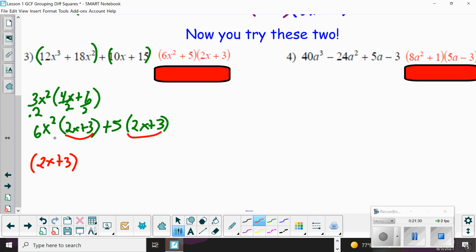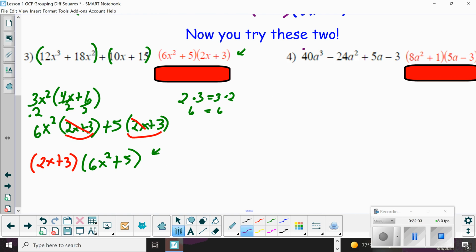So that's going to leave me, okay, if I look at it, with 6x squared plus 5. Does it matter if I write it in this order or this order? Absolutely not. Remember that 2 times 3 is equal to 3 times 2. Both of these result in 6. It's the commutative property. The order of factors does not matter.